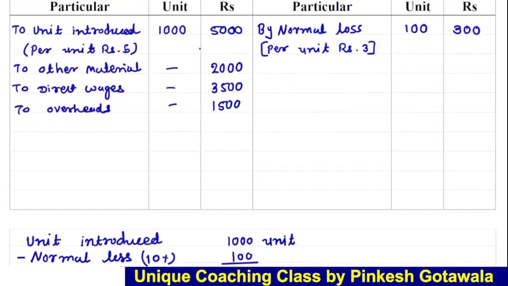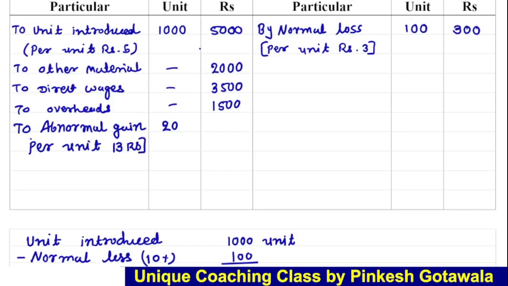So let's give the effect on the debit side to abnormal gain, 20 units, and the per unit price is 13 rupees. Total 260. Now let's close this.